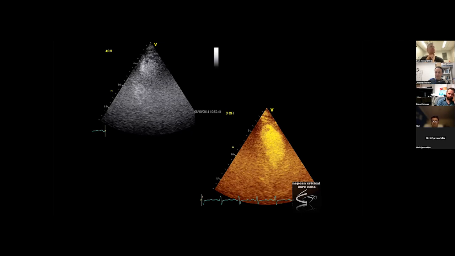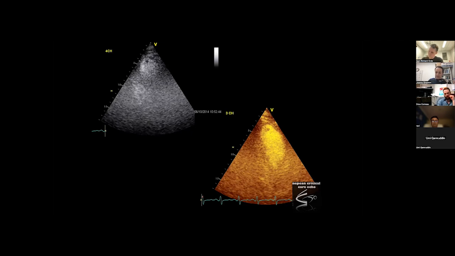Okay. Alrighty. So the LV is normal size with increased wall thickness. There is global LV systolic dysfunction with some regional wall motion abnormality in the anterolateral and lateral walls.